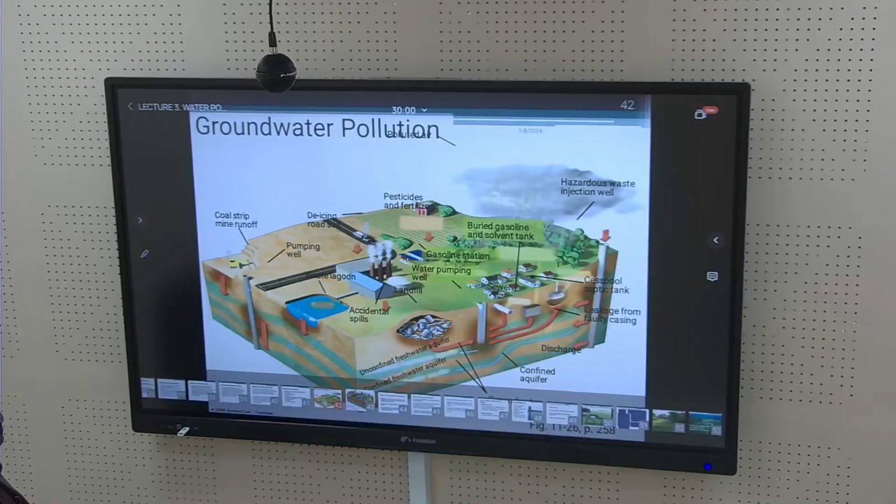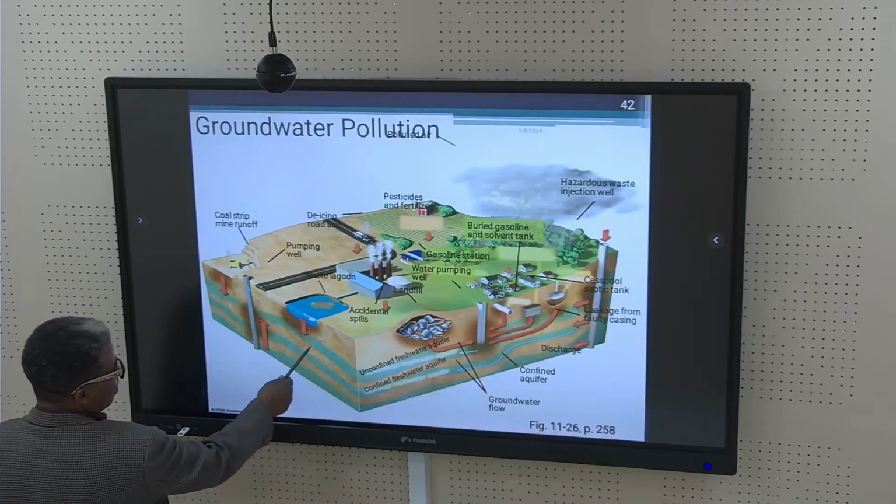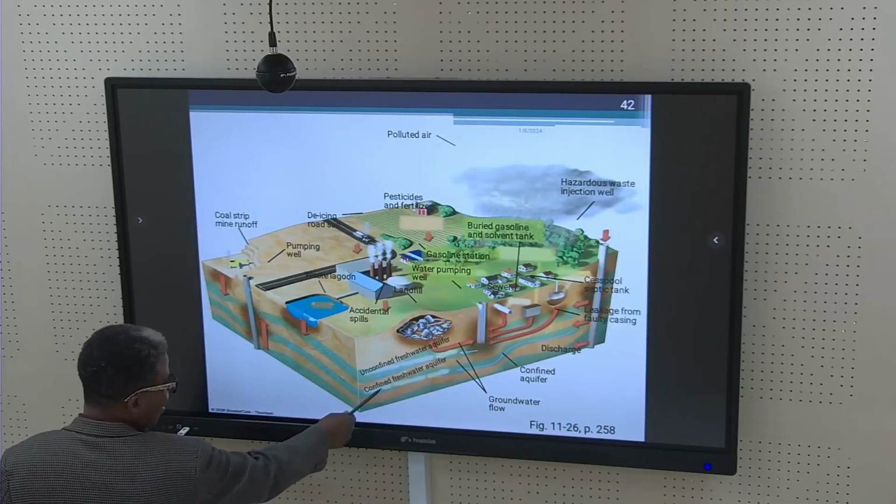So here is an example of how groundwater can be polluted. Have a look here. Those are the streams underground, a naturally confined fresh water aquifer.